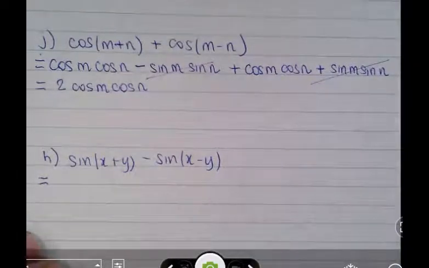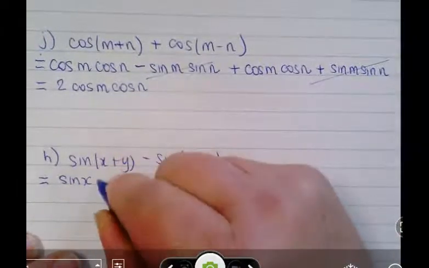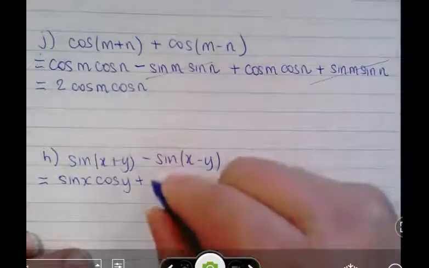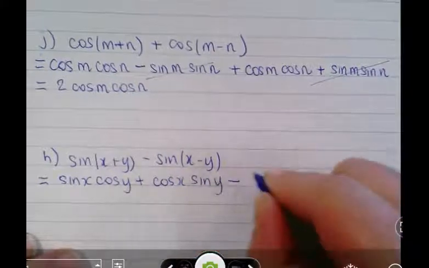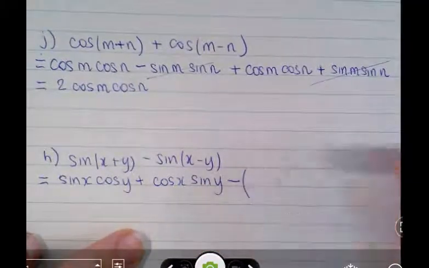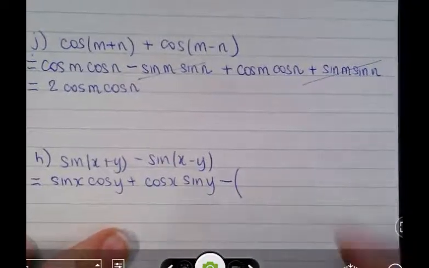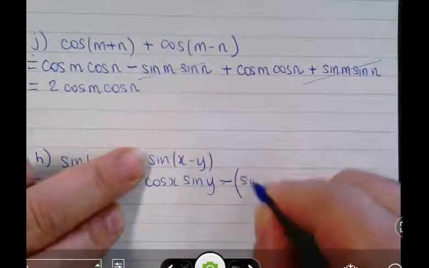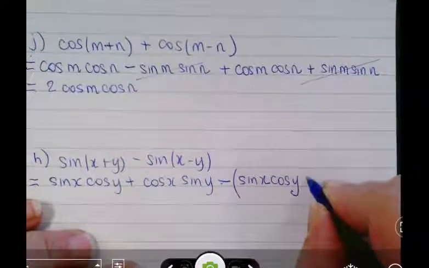So the sine one, keep the sign the same. So it's got to be the plus, but is it going to be, it's sine x cos y plus what? Cos x sine y. Minus two things, so I'm going to put it in brackets. What's the next one? Sine. So I've written my minus. Now what do I do? Sine x, what? Cos y, but plus or minus?